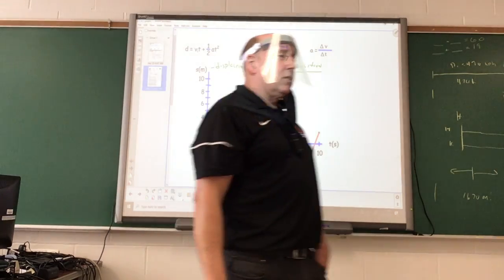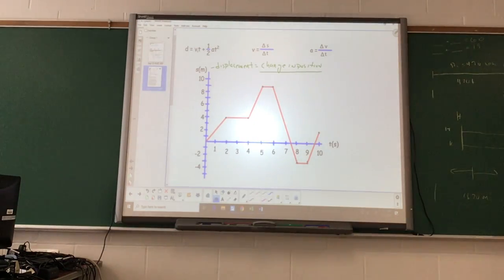Displacement is defined as the change in position. I'm here, then I move 10 meters over there. If I move 10 meters over and come back, my displacement is 0. So you can have a 0 displacement over a period of time.